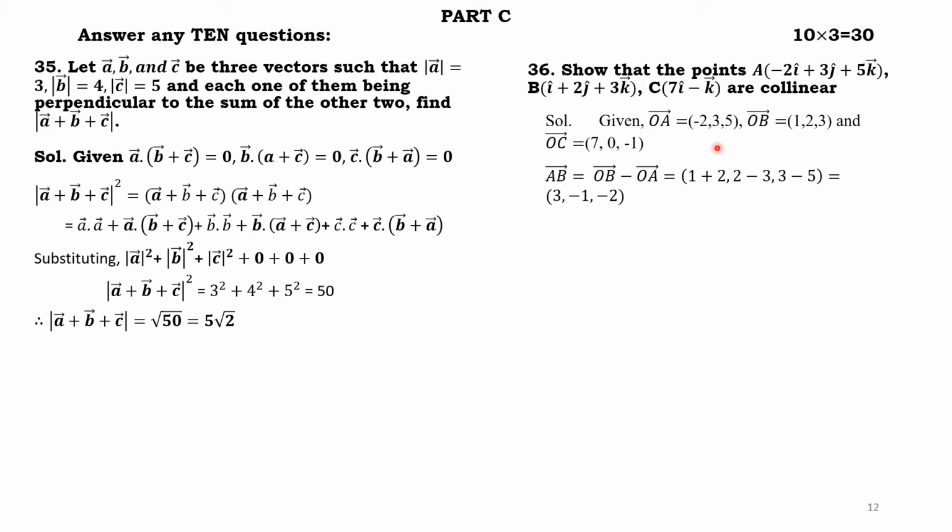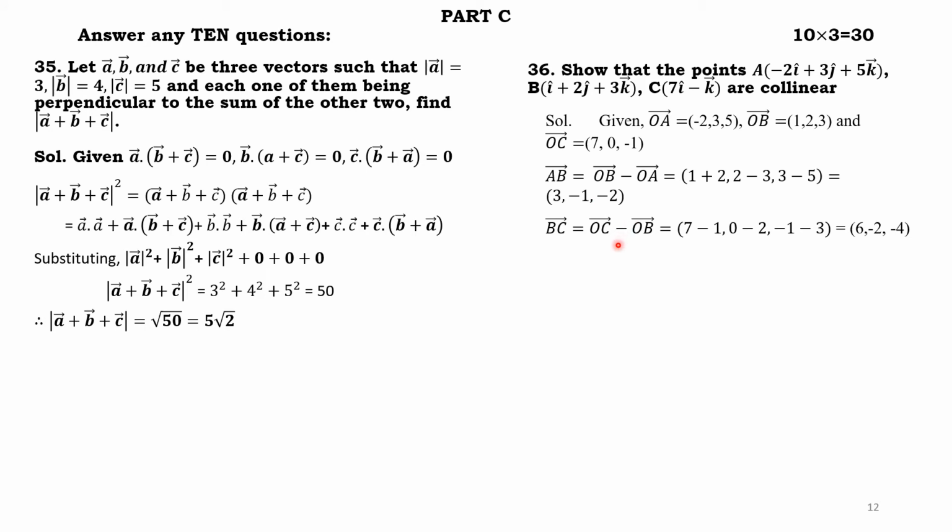Therefore, AB is OB minus OA. That is equal to 1 minus of minus 2 is plus 2... that is, 3, comma 2 minus 3, comma 3 minus 5. That is equal to 3, comma minus 1, comma minus 2.